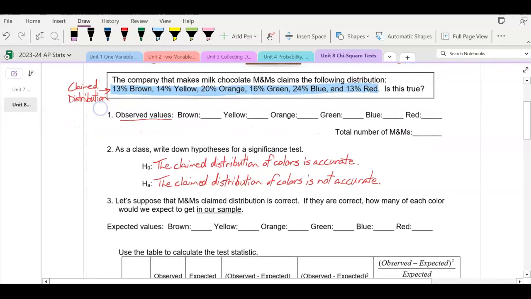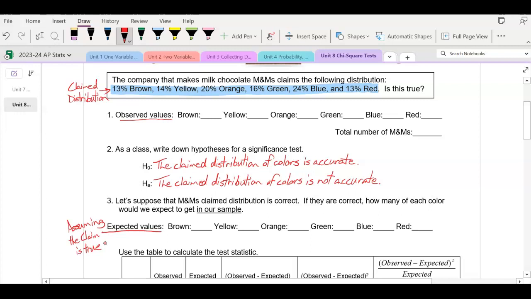In other words, assuming H sub naught, assuming the percentages given above, how many of each type of M&M would we expect?